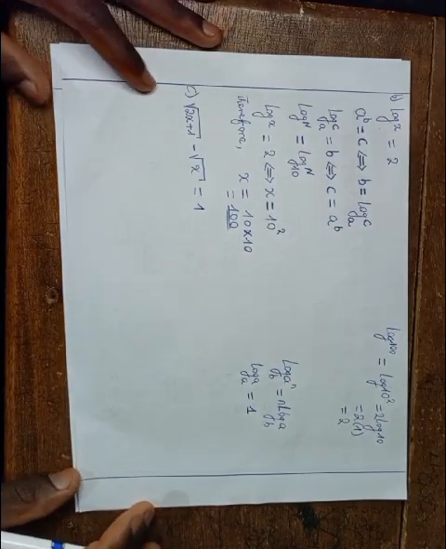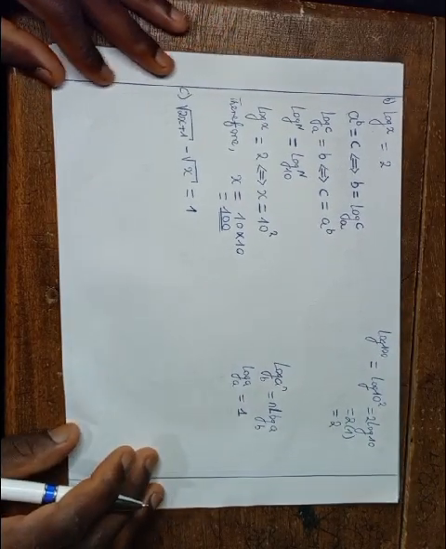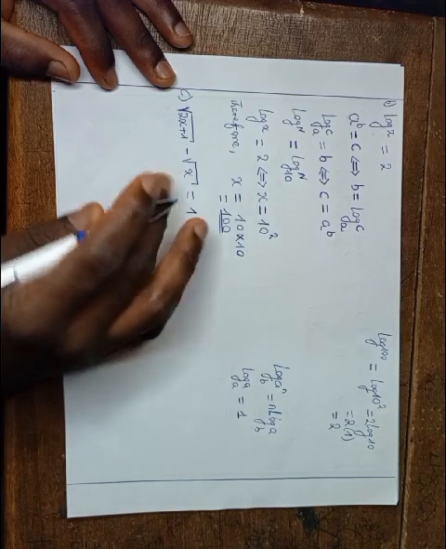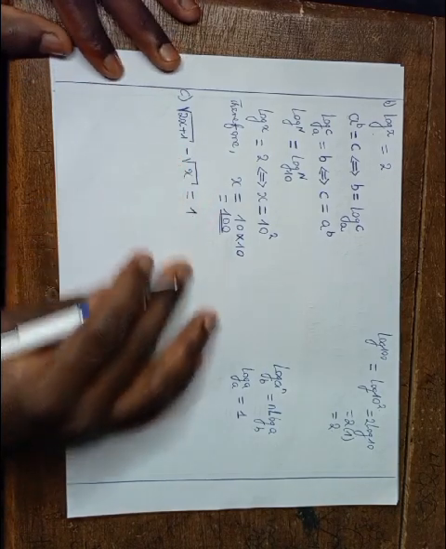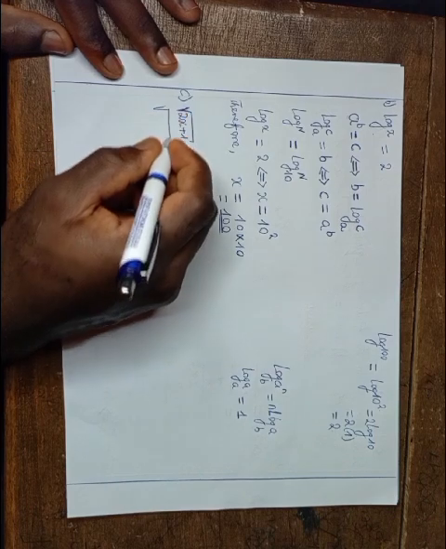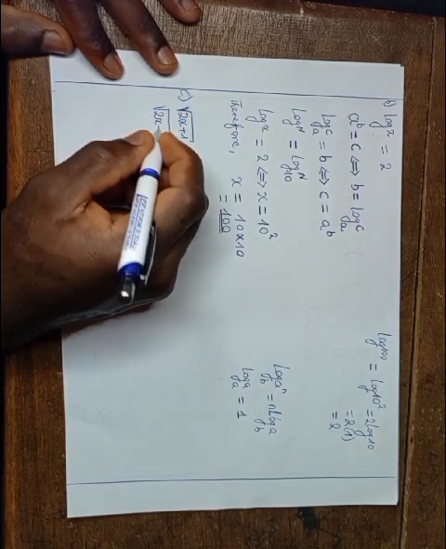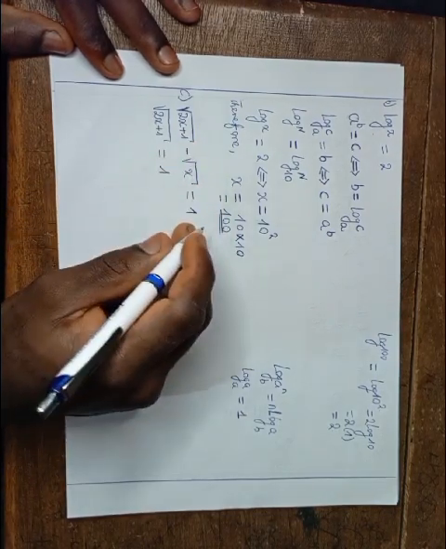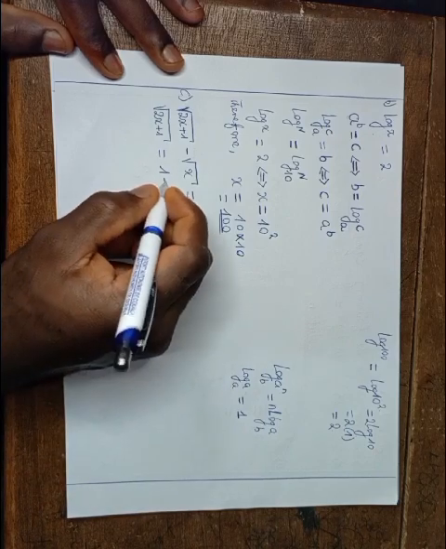The first step for us to answer this question, we need to start by sending negative root x to the right hand side. This will give us root of 2x plus 1 is equal to 1 plus root x. When negative root x crosses the equality sign, it becomes positive.